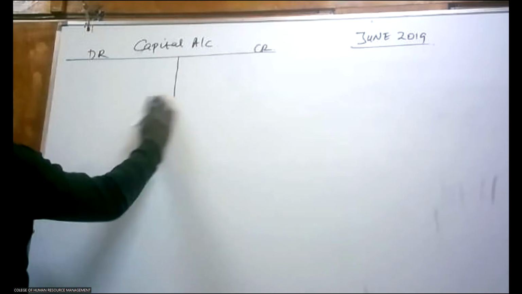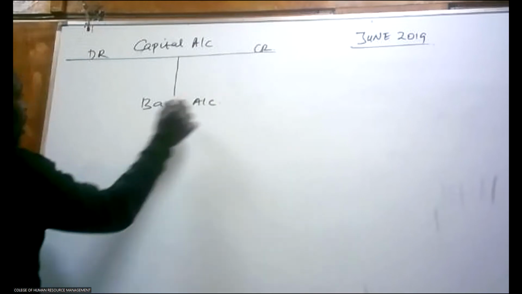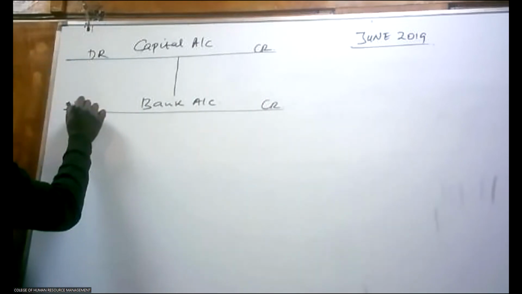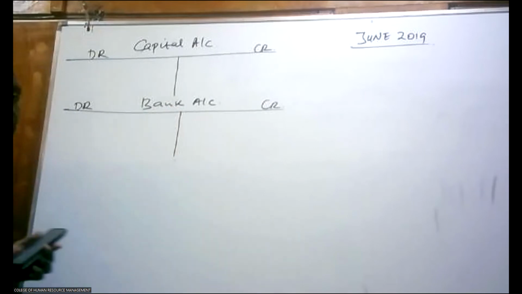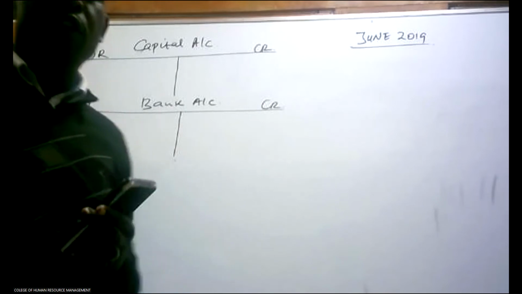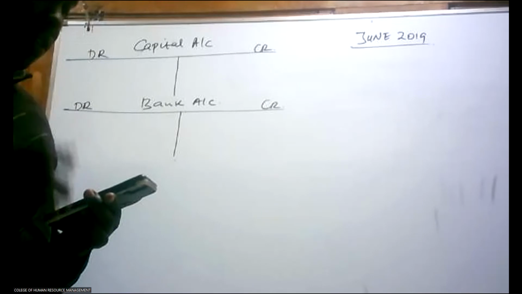That capital is in the bank, so we open the bank account. The capital and bank accounts will be affected by that initial transaction. In this case, the capital is in the bank.